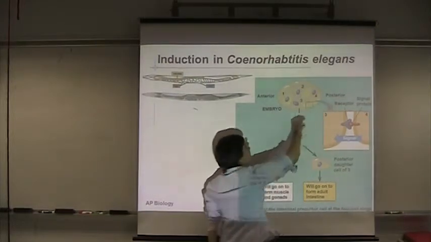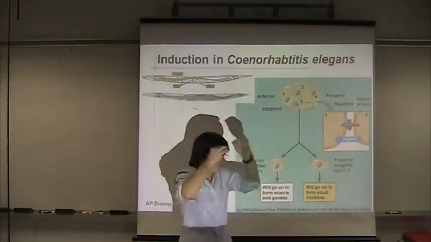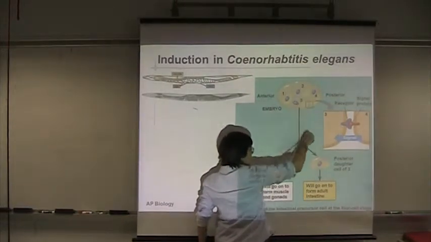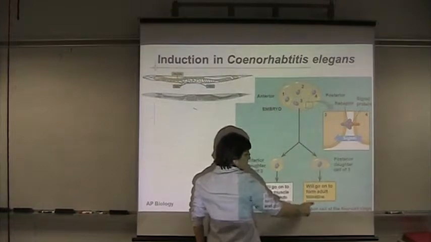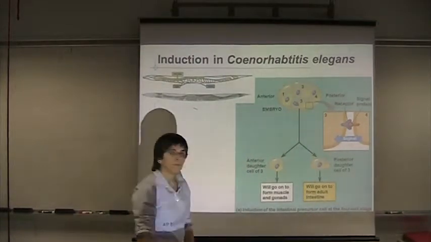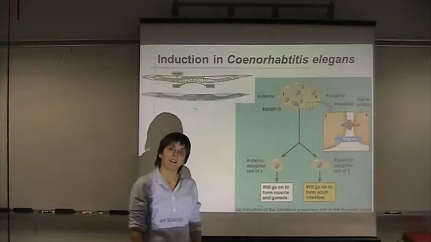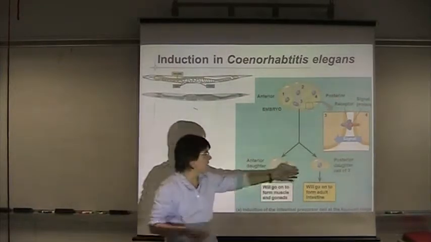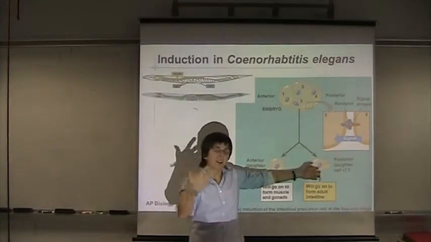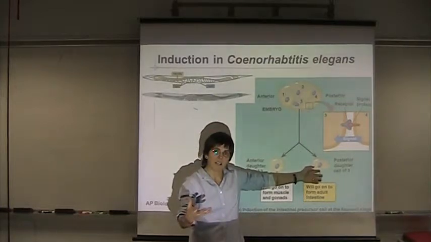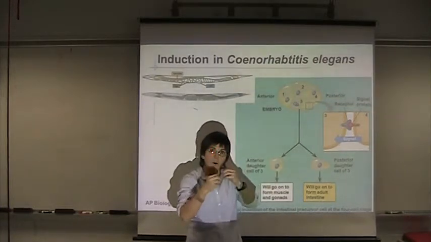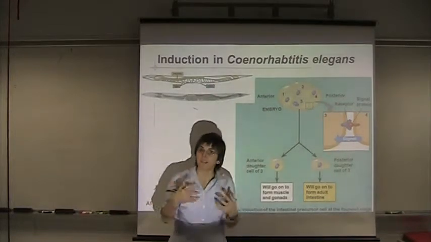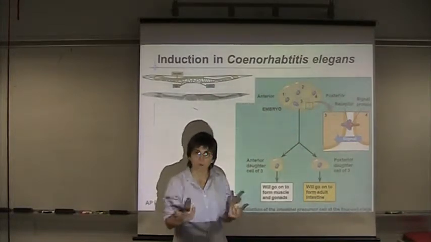The part that receives the most signals, this section here, the posterior part, will become an intestinal cell. In the next set of divisions, the genes that have to do with intestinal cells are going to come on, and it's going to produce that type of cell, able to produce intestinal enzymes, whatever it needs.